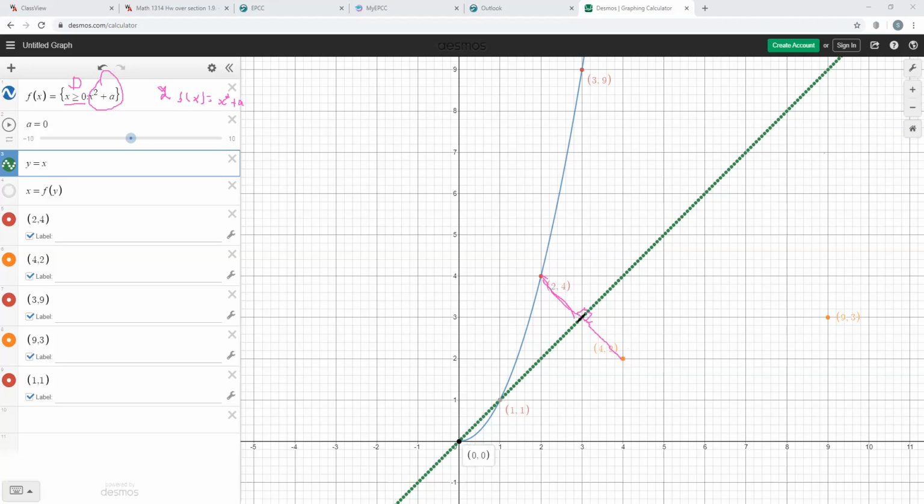So this distance and this distance are congruent. They're equal to each other, okay? So this point would reflect over to this point.